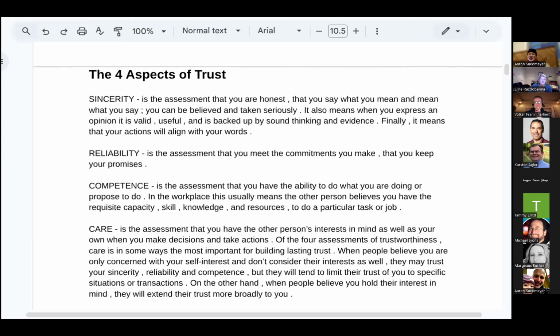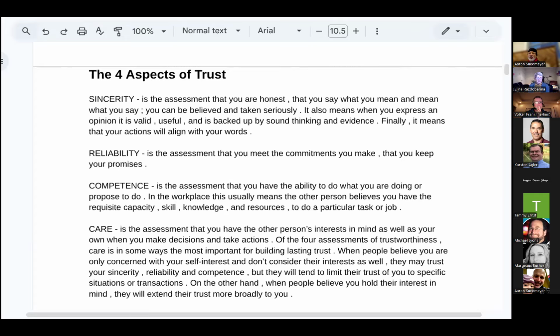In the workplace, it usually means that the other person believes you have the requisite capacity, skills, knowledge, and resources to do the particular job or task. And care is the assessment that you have other people's interest in mind as well as your own when you make decisions and take actions. Of the 4 assessments of trustworthiness, care is in some ways the most important for building lasting trust. When people believe you are only concerned with your self-interest, they don't consider their interests as well. I'm not going to read the rest of it, but it's basically saying that care is important.